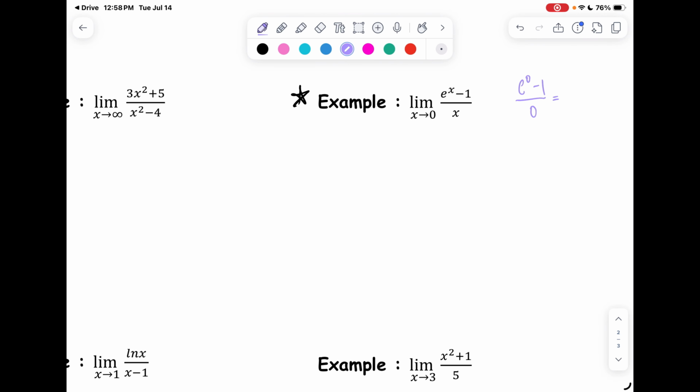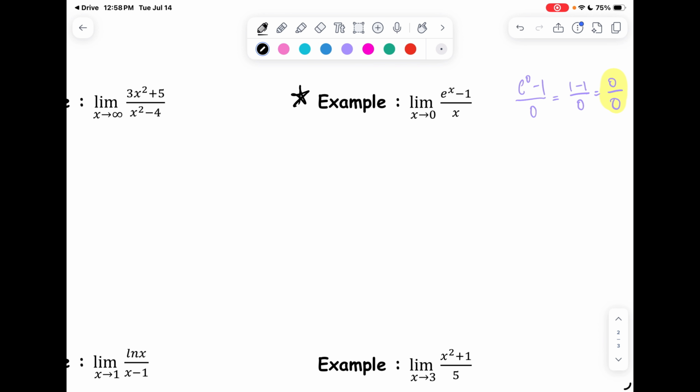E to the power of 0 gives us 1, and then we have 1 minus 1 over 0, which simplifies to 0 over 0. Since we have that 0 over 0, we have an indeterminate form, which tells us that we are now able to use L'Hopital's rule to evaluate this limit.